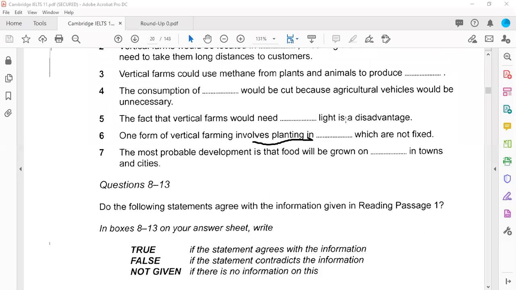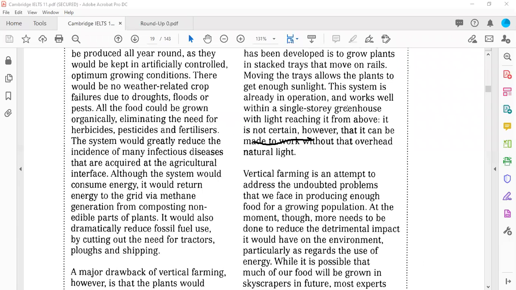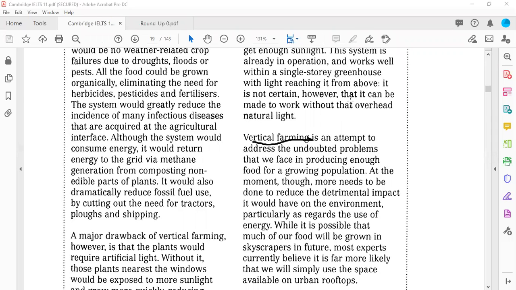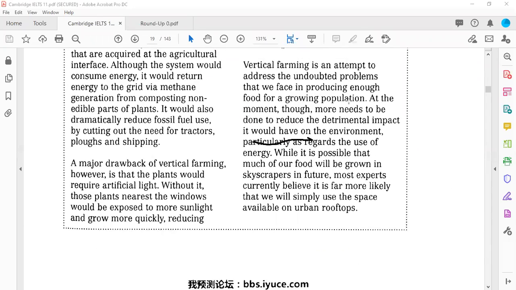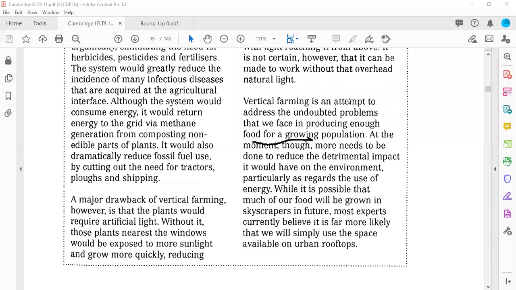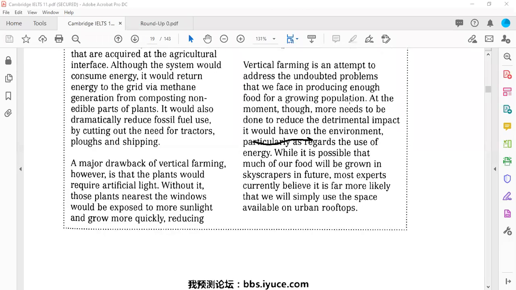Food will be grown on... Near the windows, it would be exposed to more sunlight and grow more quickly. Skyscrapers.